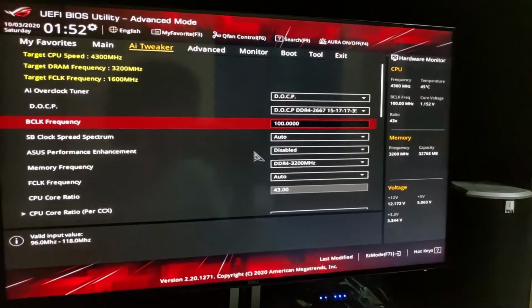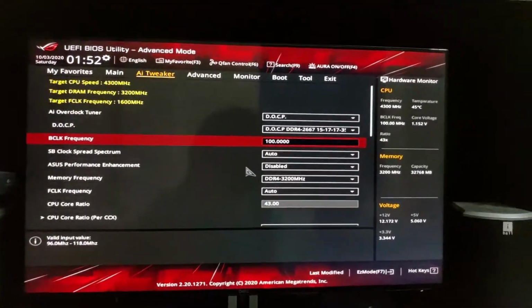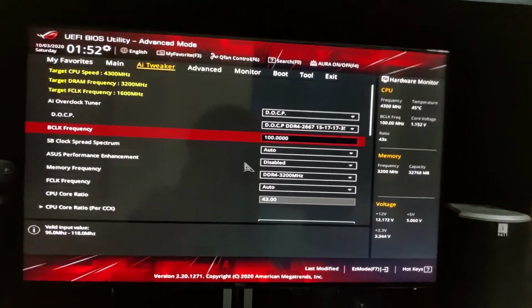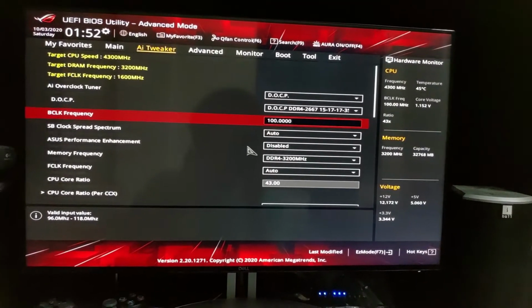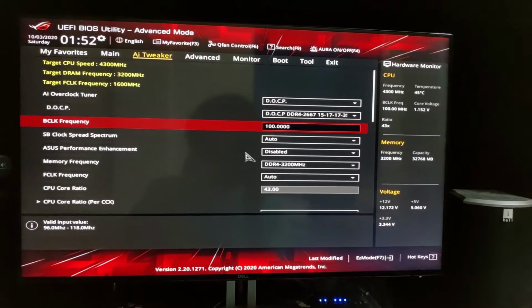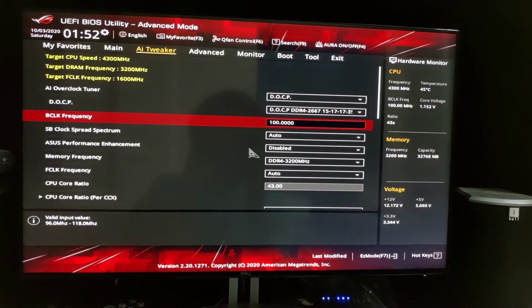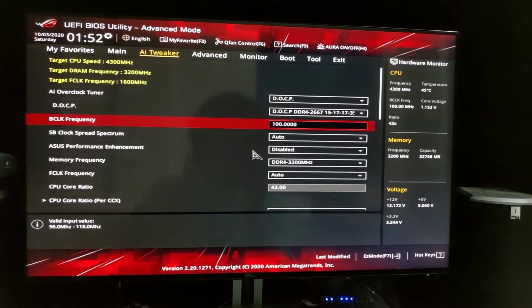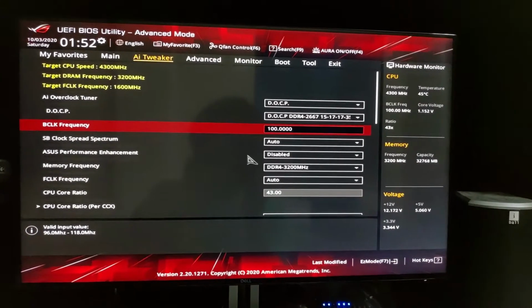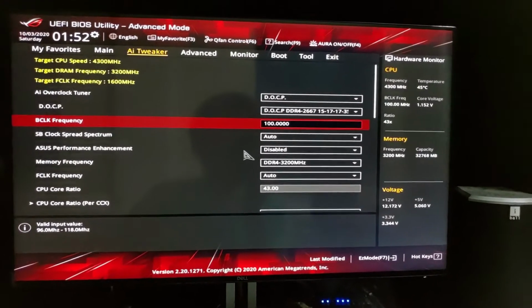This is the frequency that sets the base clock for all the components, which includes the CPU and the RAM. This is assigned with a multiplier, so that when you multiply that number with the BCLK frequency, you get the effective clock speed for that individual component.